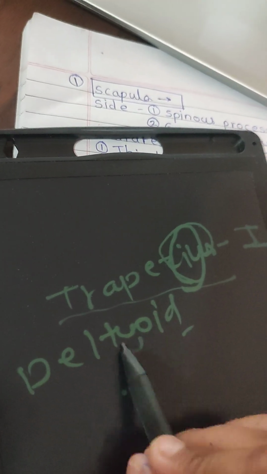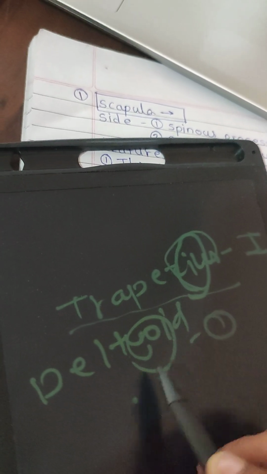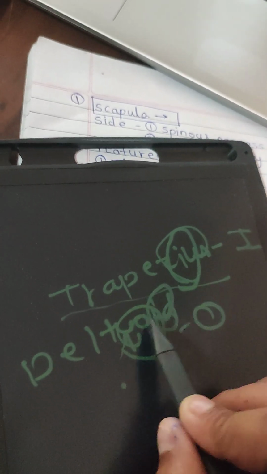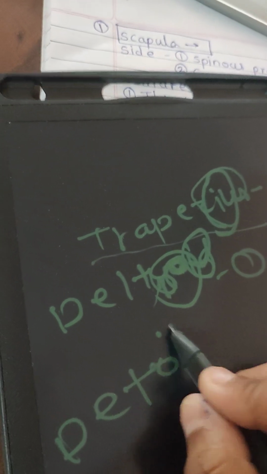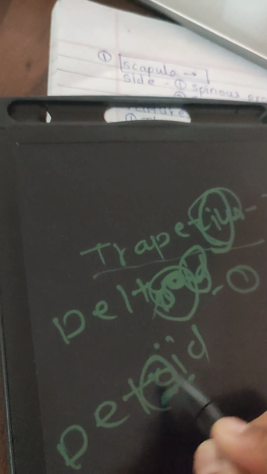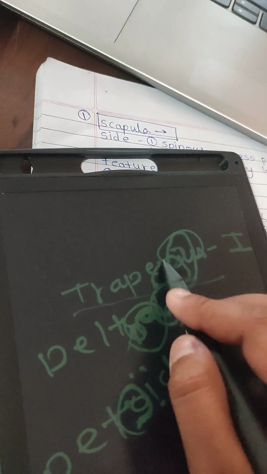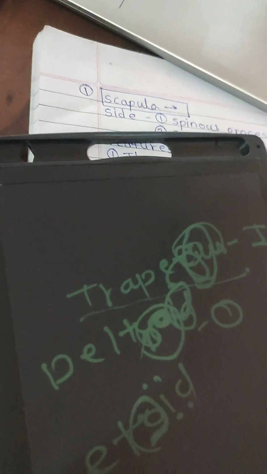In deltoid there is an O, so O is for origin of deltoid muscle. There is an I as well, but first comes the O. So deltoid contains first O, then I: origin of deltoid, and I for insertion of trapezius. This is our simple trick.